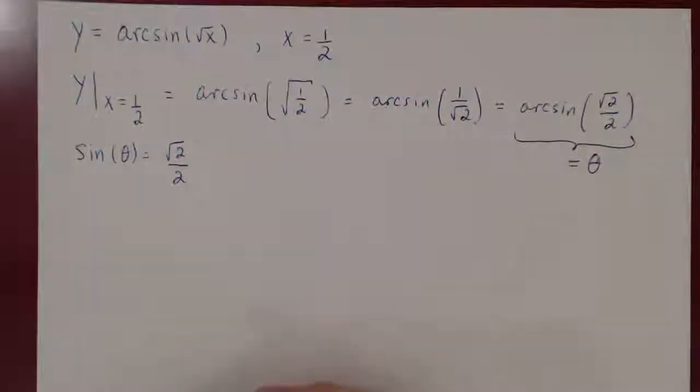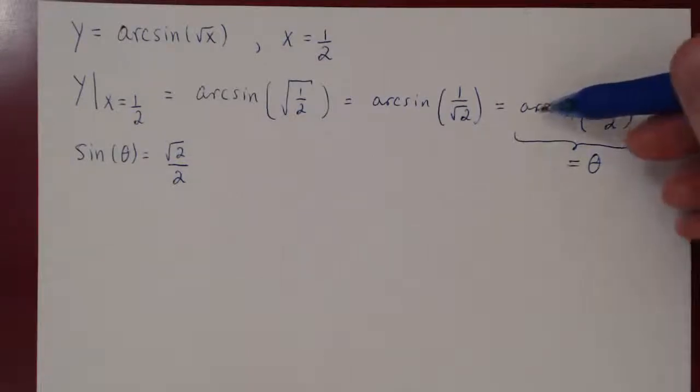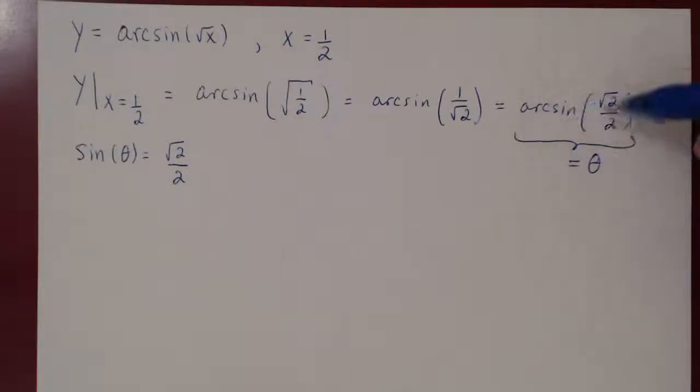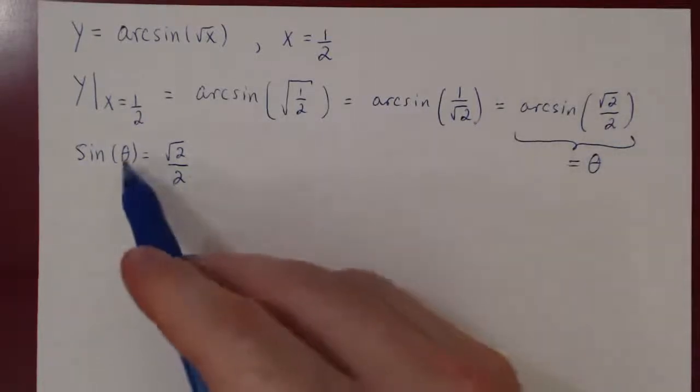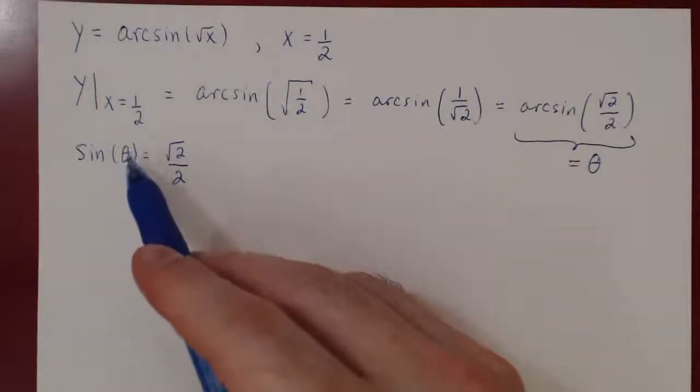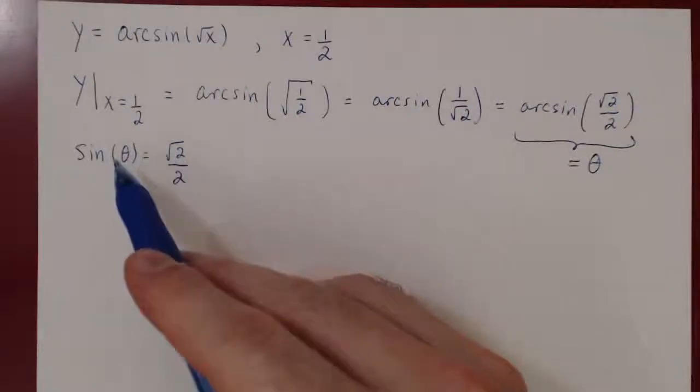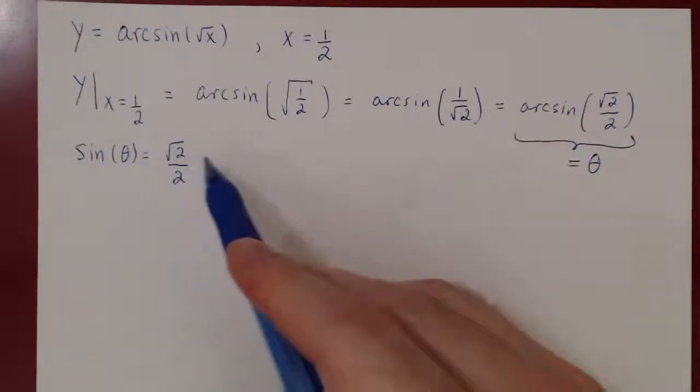And you see now we're asking the same question, but in a slightly different fashion. Here we're saying, what is arc sine of root 2 over 2? We call this theta, and here we're asking, okay, give me an angle theta at which sine of this angle is root 2 over 2.